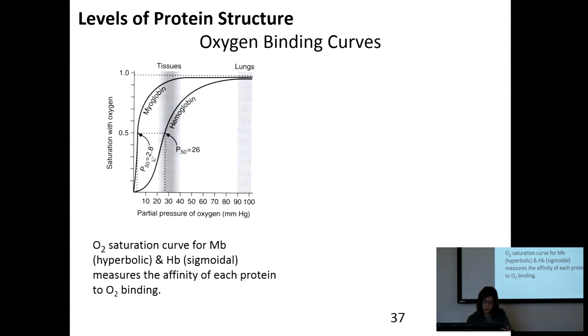Once we get the first one out of the 4 hemes in there, we're changing the conformation so then it becomes easier. So you can also put in your notes down here, this is the first one out of the 4. And then here, up at the top, we've changed that conformation to make it easier binding.